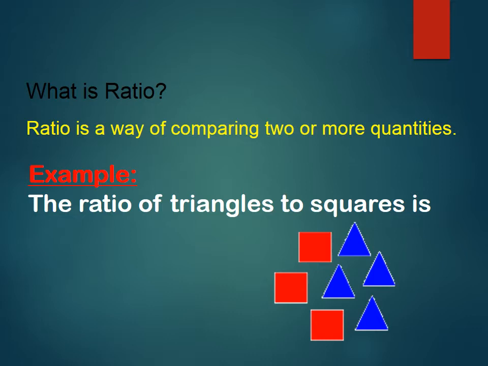How many triangles do I have here? Yes, I have 4 triangles. How many squares do I have? 3. So the ratio is 4 to 3. First we write the number of triangles, then 'to', then the number of squares. So our ratio now is 4 to 3.